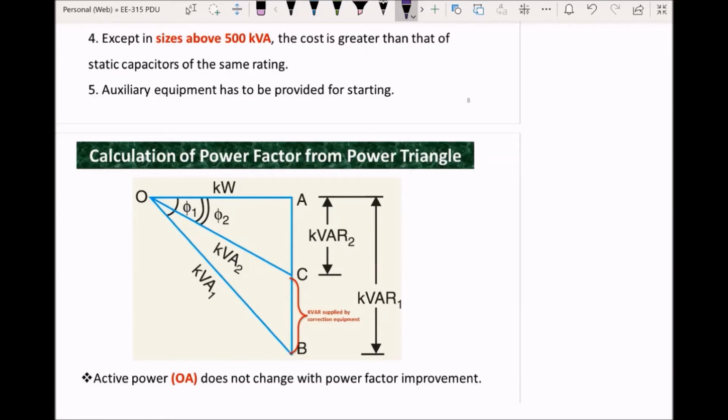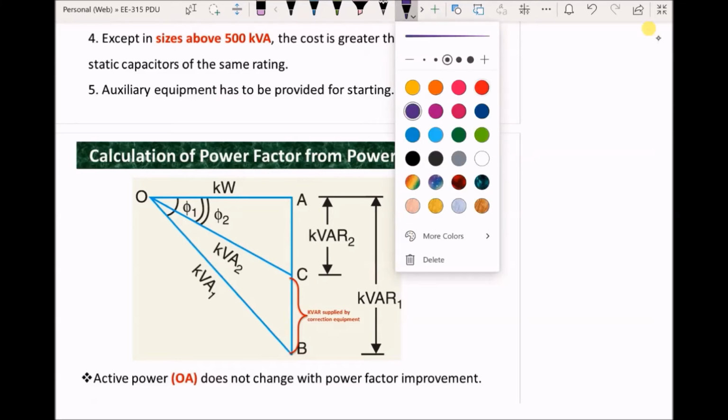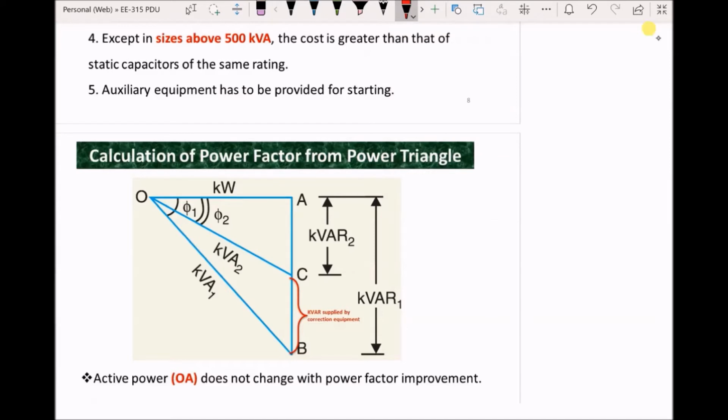Now, the figure shown here represents the current phasor before and after the correction. So this is, let me change the color, let's say this is red. Okay. So this is the current phasor before the compensation, and this is after the power factor correction.